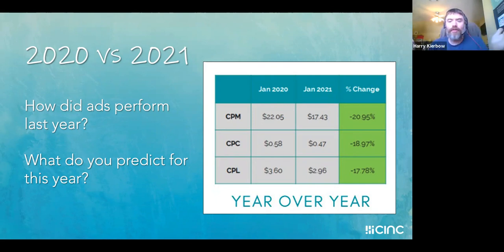There's a drop of 20% in how much it costs to show the ad to 1,000 people. If cost per click stays relatively the same, you're just going to get more clicks for that same budget, which is why we saw the drop in cost per click. And then if conversion rate holds, which it did, you'll see a drop in cost per lead. So that's a big part of it too, the decrease in competition. And we are seeing those same trends continuing into this year. January's been really strong, and February's strong as well.